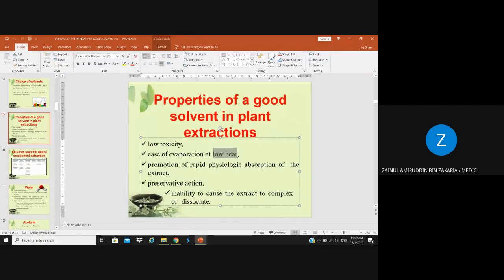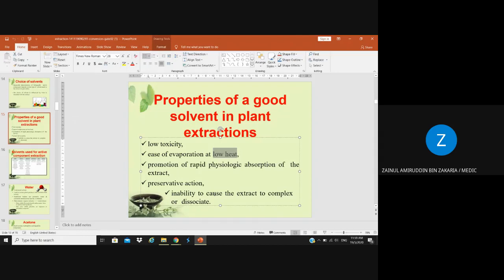Sometimes some bioactive compounds tend to have double bonds and charges. So what happens? They will try to bind to something and form a complex. Or because of the charges, they tend to dissociate or denature, so they become inactive.